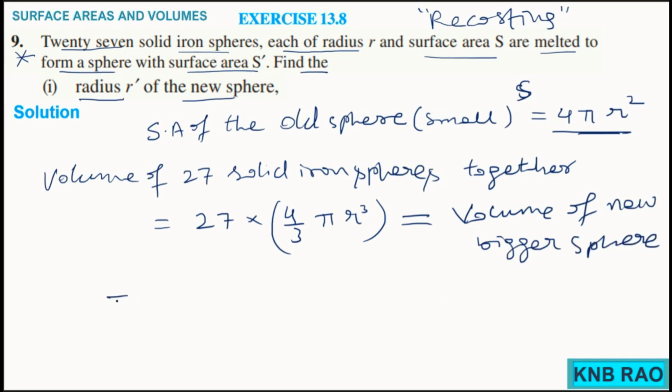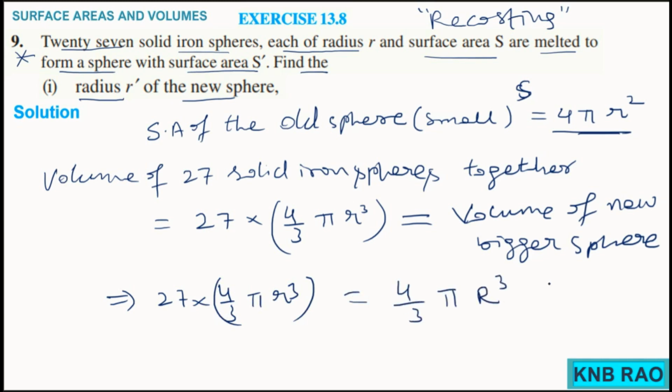So we have to equate 27 into 4 by 3 pi small r cube equals 4 by 3 pi capital R cube. Why? Because it is the volume of the bigger new sphere. Here they said r dash, so let me take r dash only. If you are confused with capital R, you can take that. Since they said r dash, I have taken it.